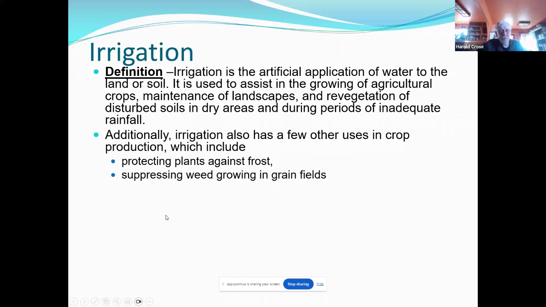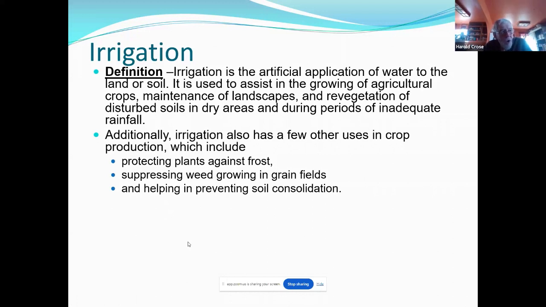We also use it for suppressing weed growth in grain fields, where you're putting in enough water that the grain will outcompete the weeds. In some cases, not always. It's not what I would consider 100% effective, but it can make a difference. It can also help in preventing soil consolidation, if applied right, and this is a double-edged sword.